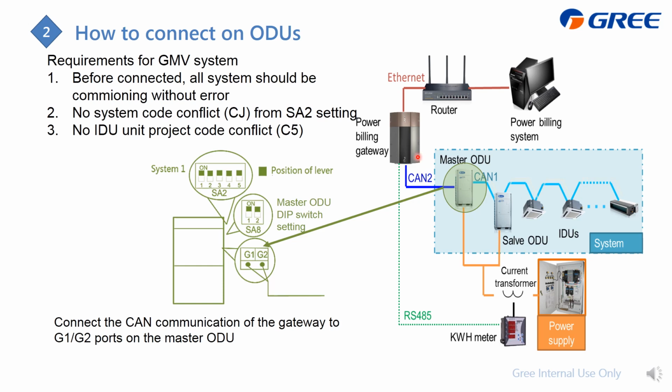And here is the detail for the master outdoor unit. Just change the SA2 to identify you from different systems. First of all, you need to make it the master on SA8, and then connect from the G1, G2.